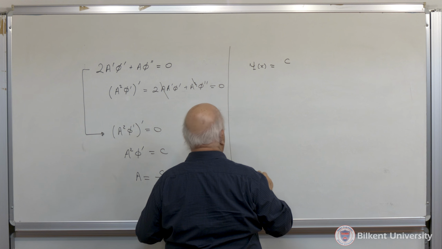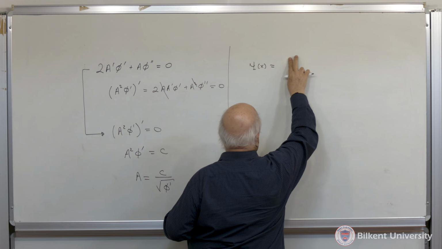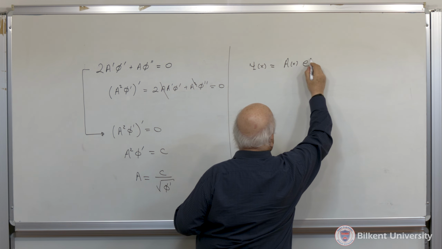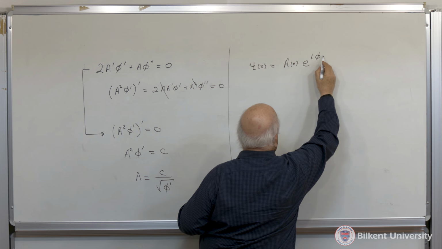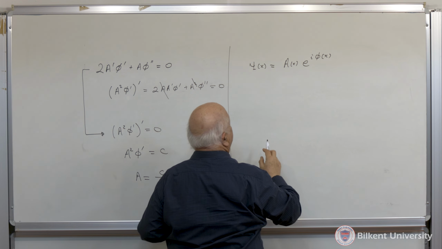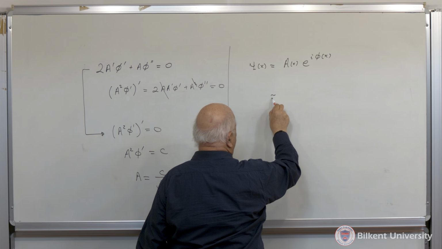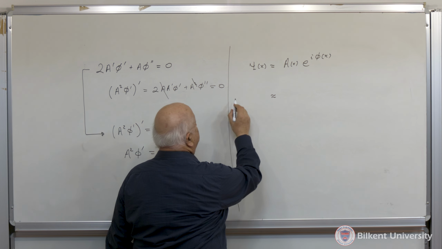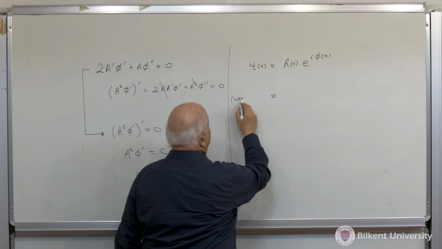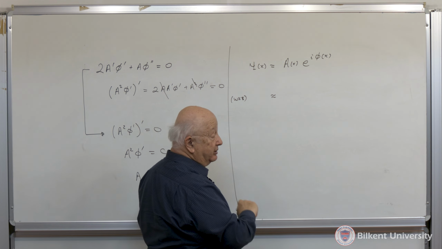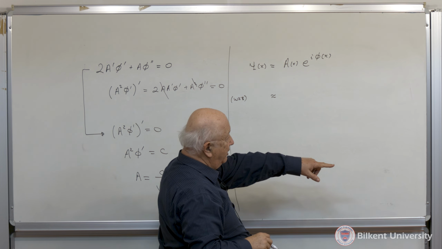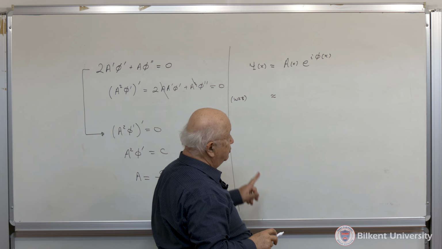And then let me just first write down the initial form, A of x e to the i phi of x, right? So within the WKB approximation, the reason I'm putting the approximate sign here is because I am now using this WKB solution that I just derived. And I'm going to put in everything from the solution.